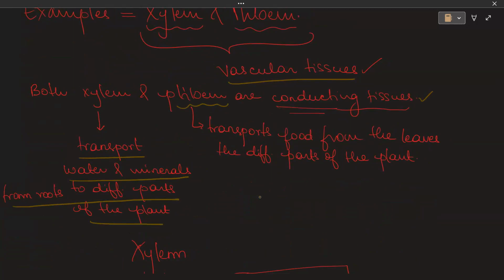The phloem is responsible for transporting food from the leaves to the different parts. So phloem is responsible for the transfer of food, and xylem is responsible for the transfer of water. Is it clear?